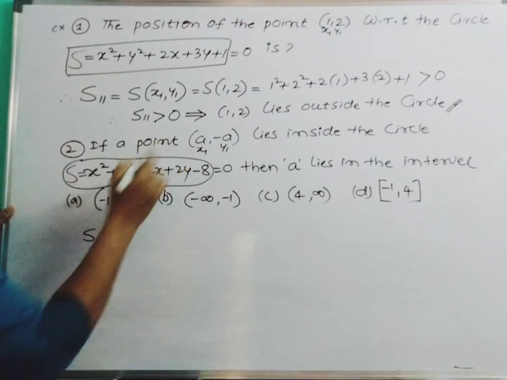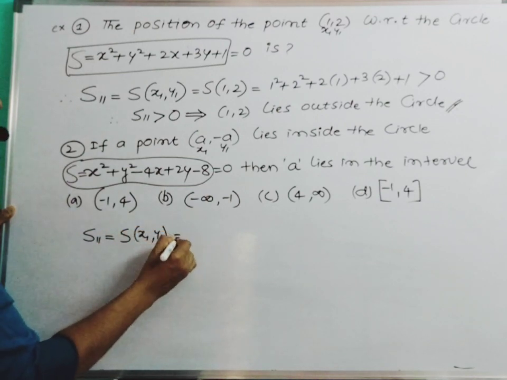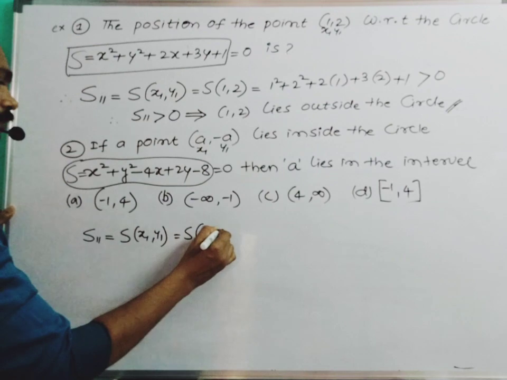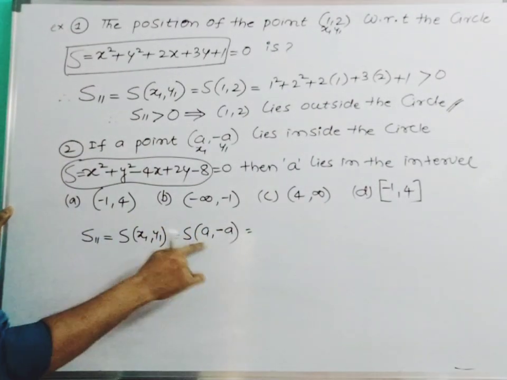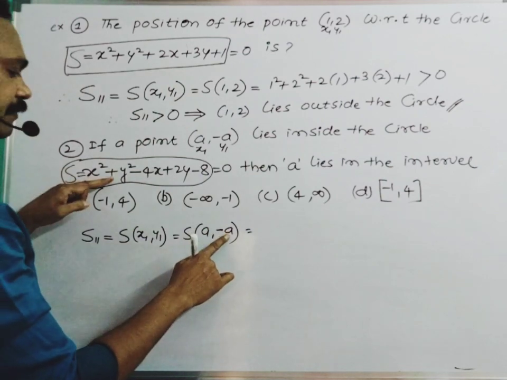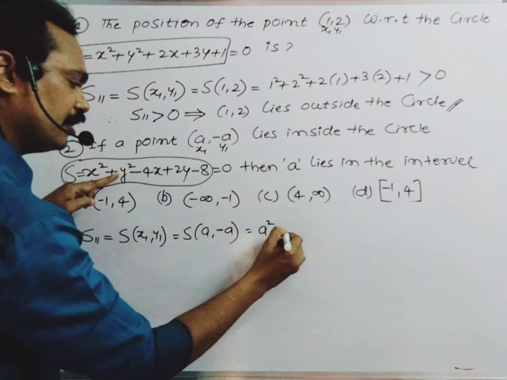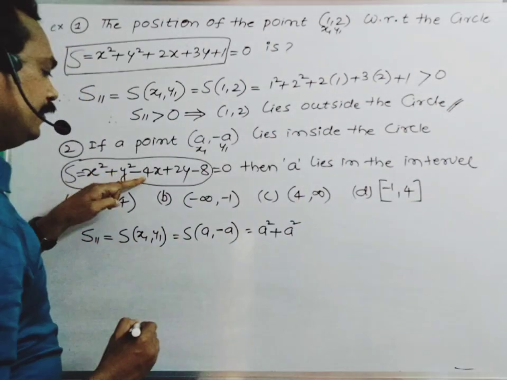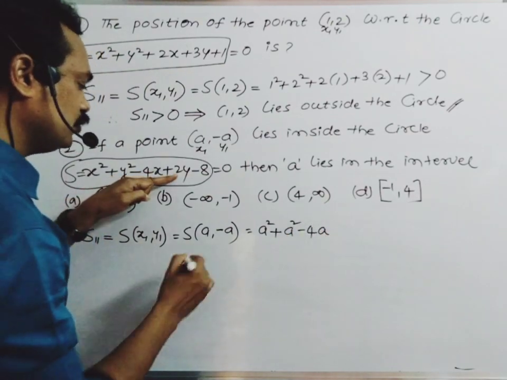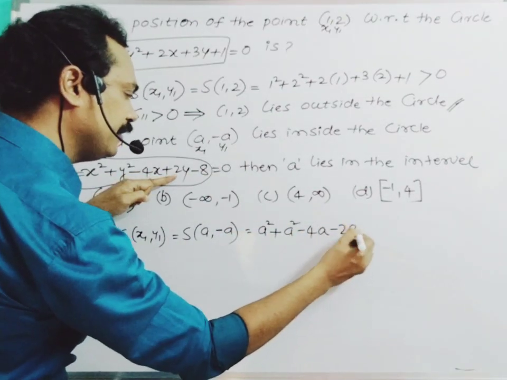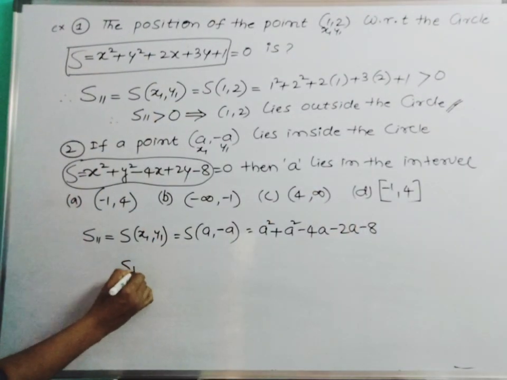S11 is S of x1 comma y1, so S of A comma minus A. Now substitute the x coordinate replaced by A and the y coordinate replaced by minus A. A square plus minus A whole square means again A square, minus 4 into A, minus 4A, and plus 2 into minus A, minus 2A, minus 8. This is S11.